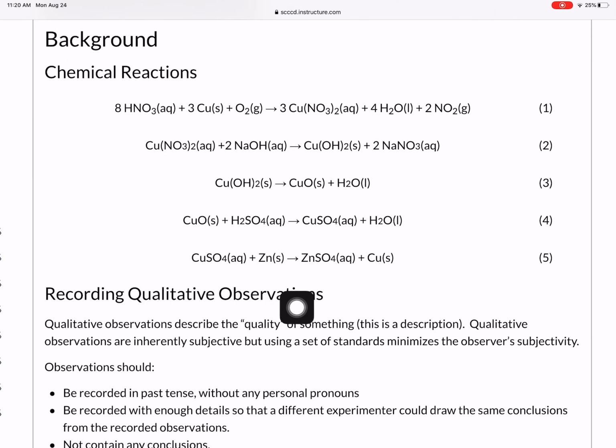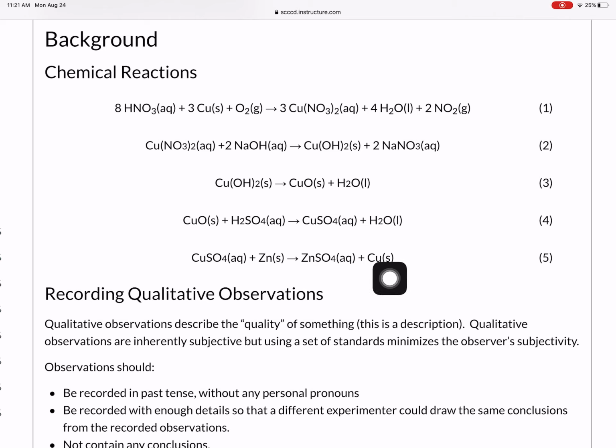So if we look at these chemical equations, the result here is we've got copper solid, that's the solid, and we're pouring off the liquid. Well, what's in the liquid? Well, zinc and sulfate are in the liquid, right? And so by looking at this chemical equation, we can figure out what's getting poured off.